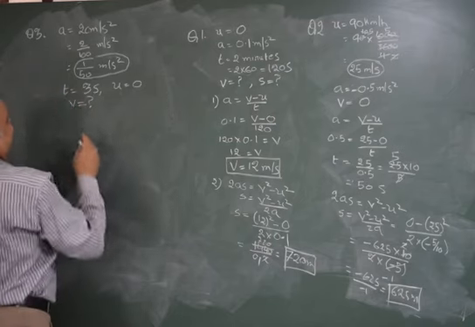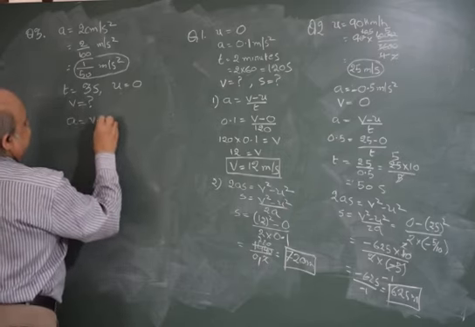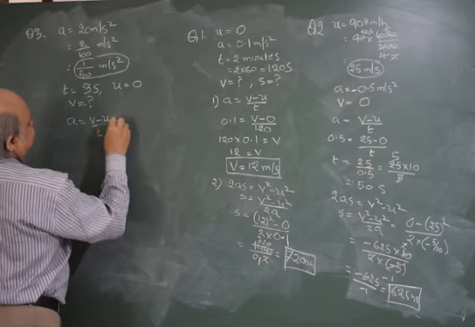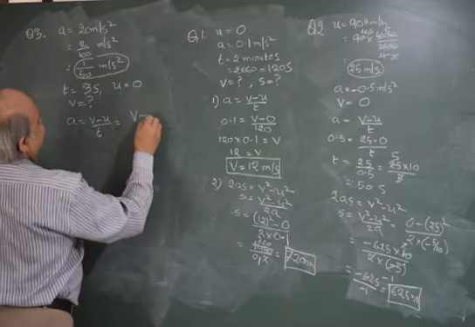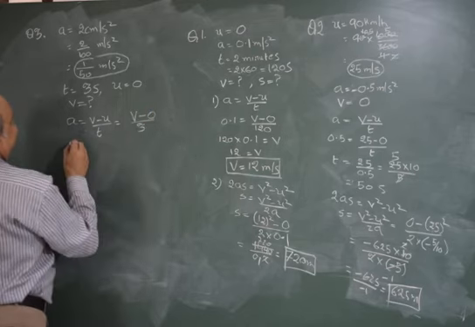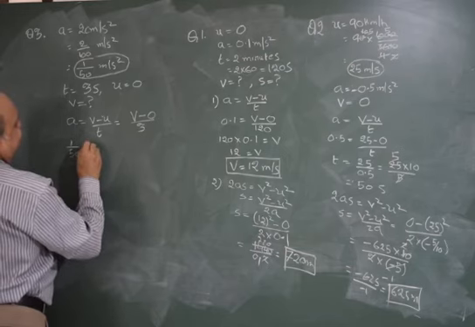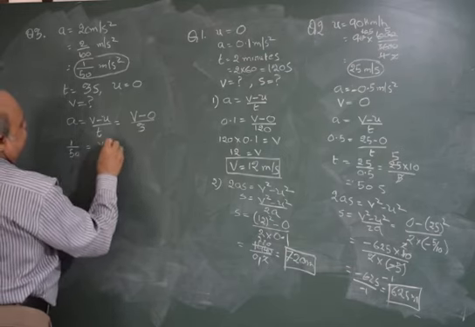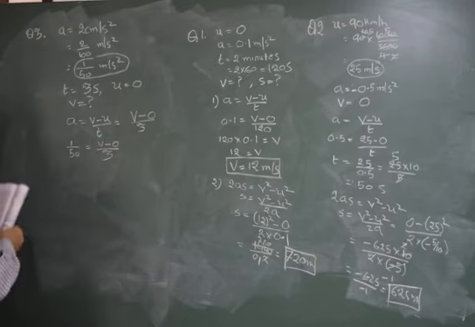So the formula a equal to v minus u upon t, which is v minus 0 upon 3. a is given to be 1 upon 50 equal to v minus 0 upon 3.